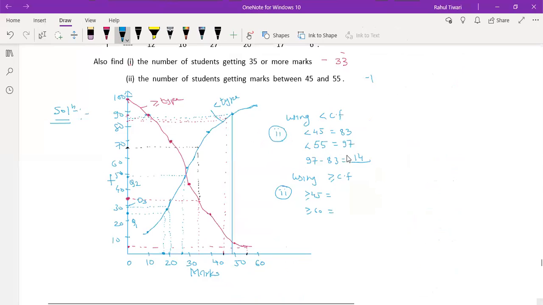So greater than 45 means you have to draw this at 45, and this graph will be greater than. Here it will be the point. Just draw one vertical line here, then a horizontal line. Is it approximately 13, 15, 14? What could that be? Around 15 or 14?